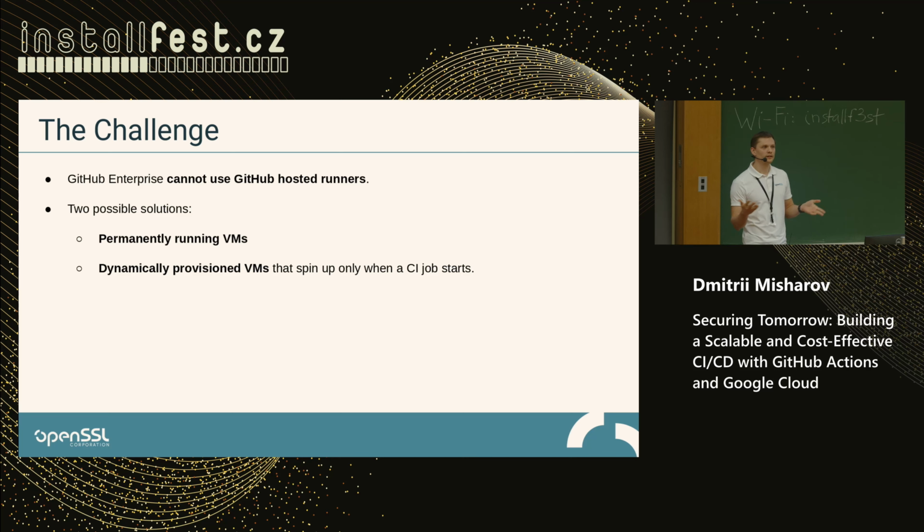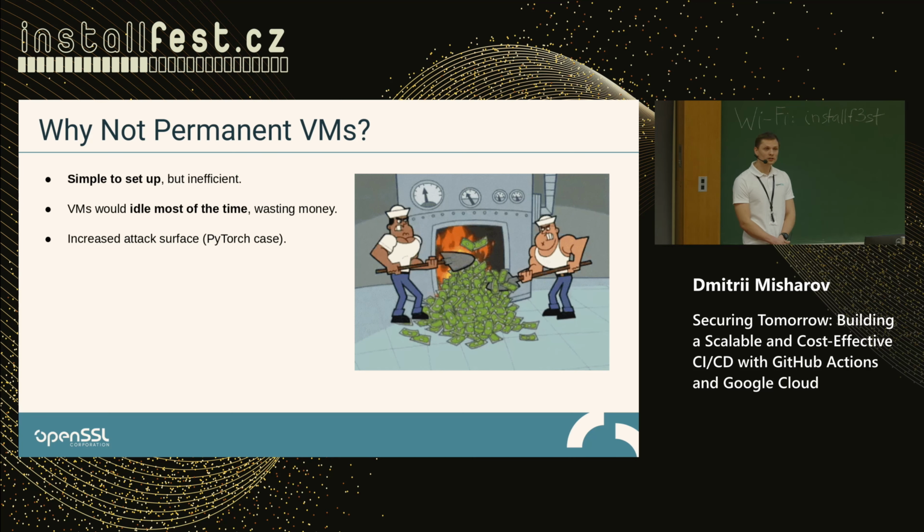They could just be a service running on an operating system. The way you can provision this operating system is by running a permanent VM, or by dynamically provisioning a VM when a CI job starts and spinning up a new VM. So why not use permanent VMs?